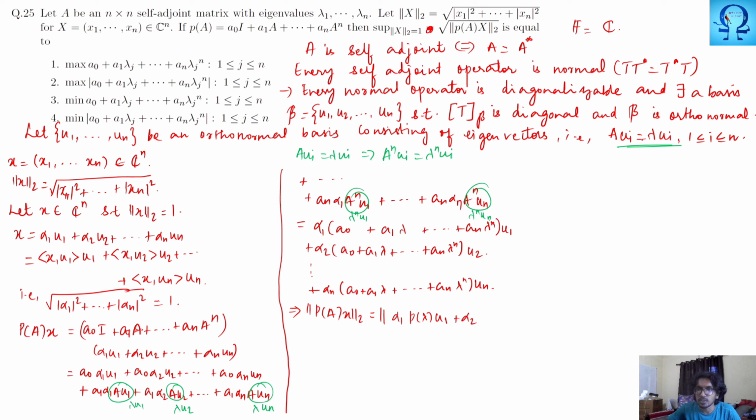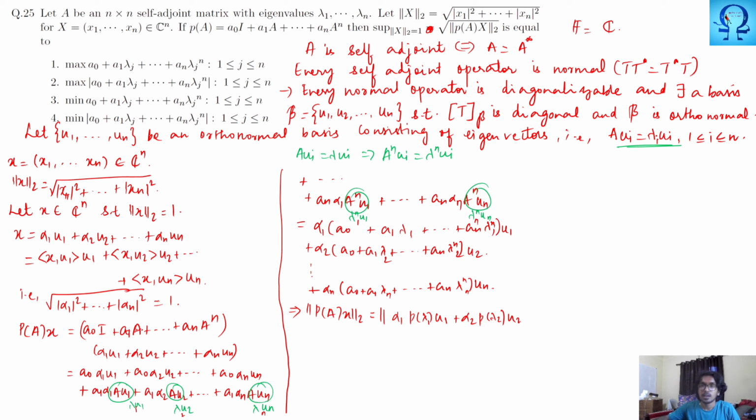So actually corresponding to each vector, we will have a corresponding eigenvalue, right? So I just made this mistake. So here we will have lambda 1, lambda 2, lambda n. Here also lambda 1, lambda n. So this is what we are going to have, alpha 2 p of lambda 2 u2. Actually here lambda 1, then this will have lambda 2, and this will have lambda n.